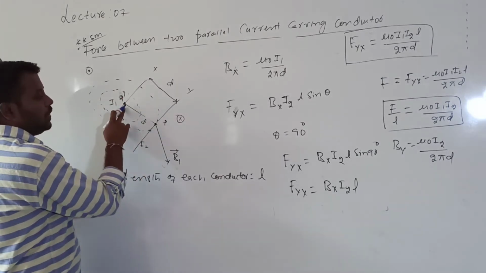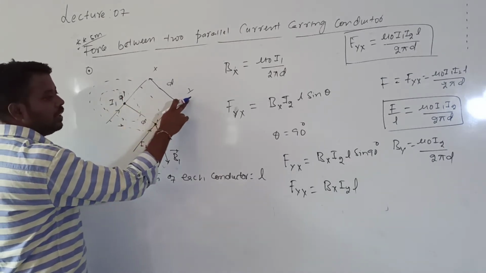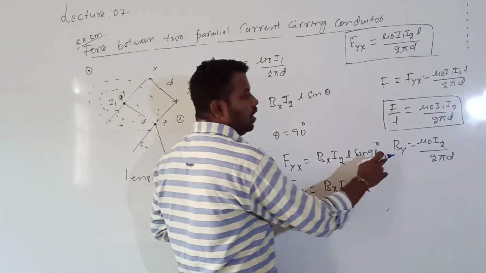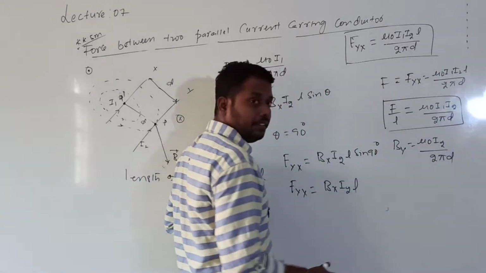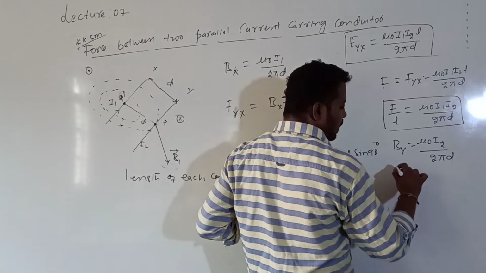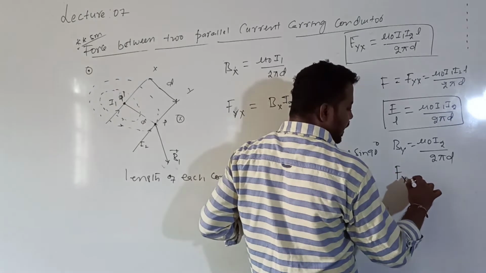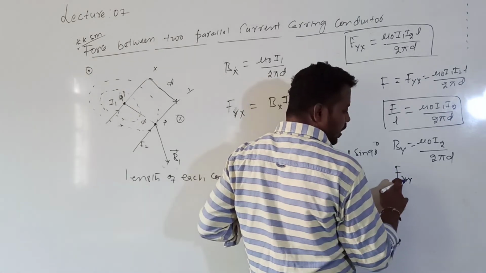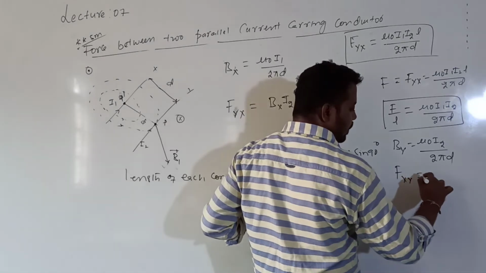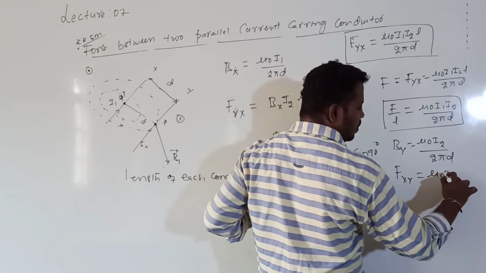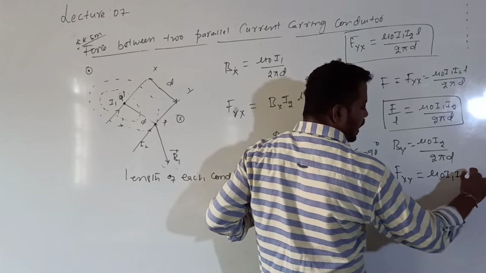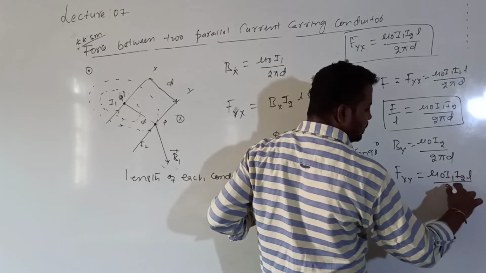What is the magnetic field at P dash due to Y? That is given by mu naught into I2 divided by 2 pi d. Because of this magnetic field, X also will experience a force. The force acting on X due to Y will be given by mu naught into I1 into I2 into L divided by 2 pi d.